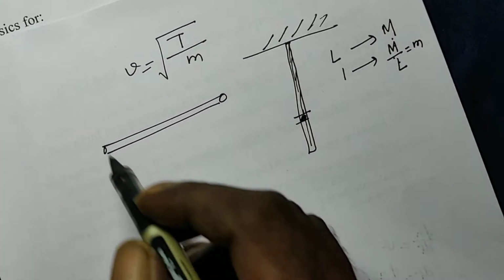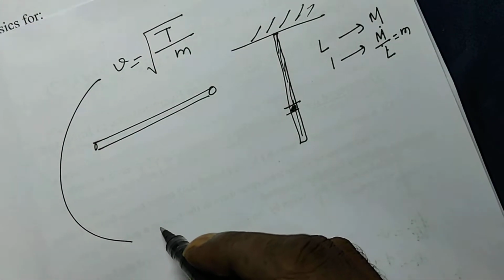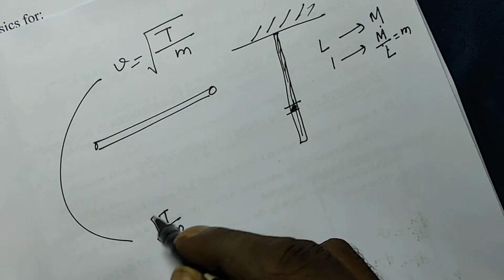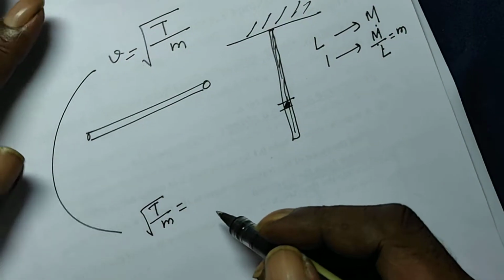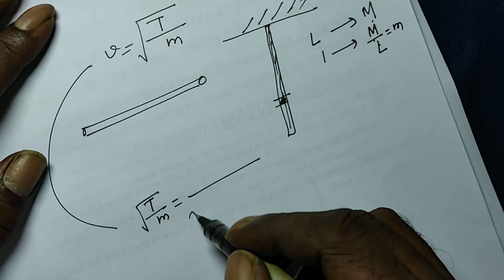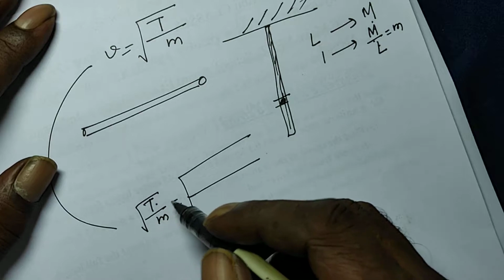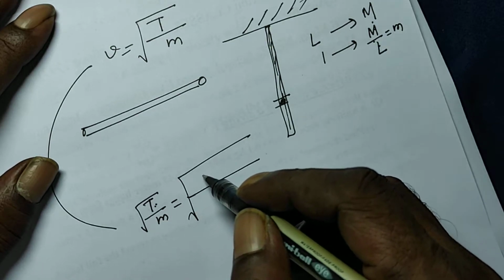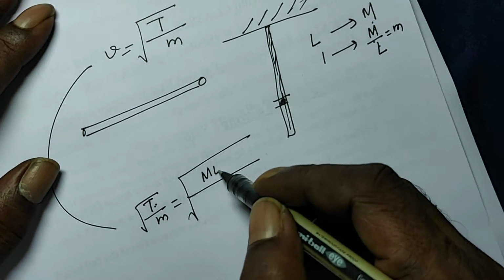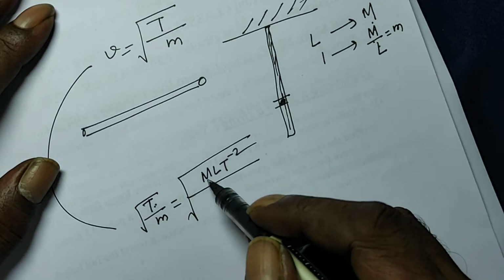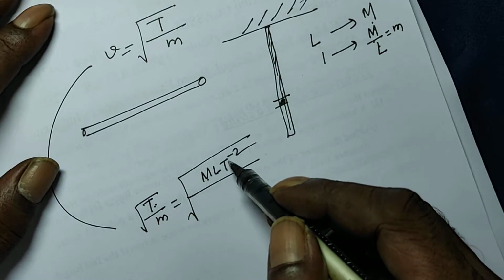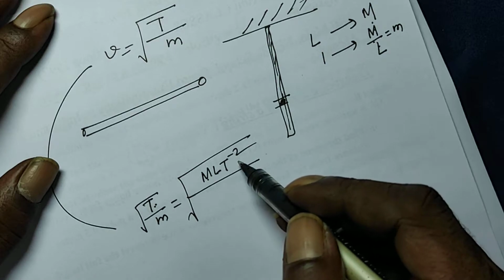Now then come back here, how square root of T by m is velocity. Now look, tension is a force, that is mass into acceleration. If you put it dimensionally, since it is a force, it will be M L T to the power minus 2: mass, L T minus 2 length, T to the power minus 2 acceleration.